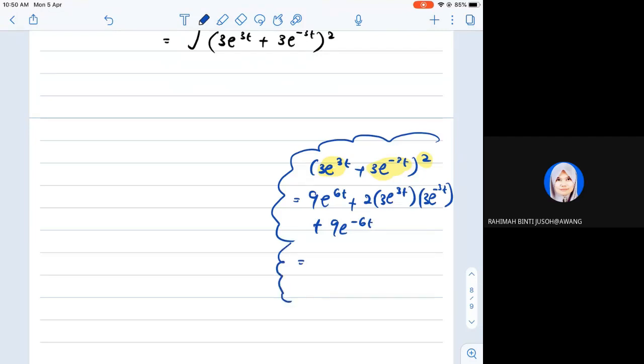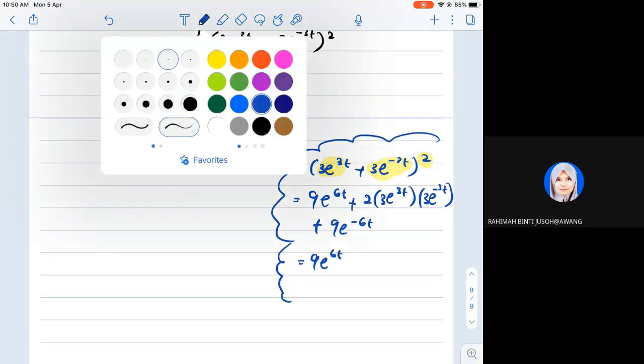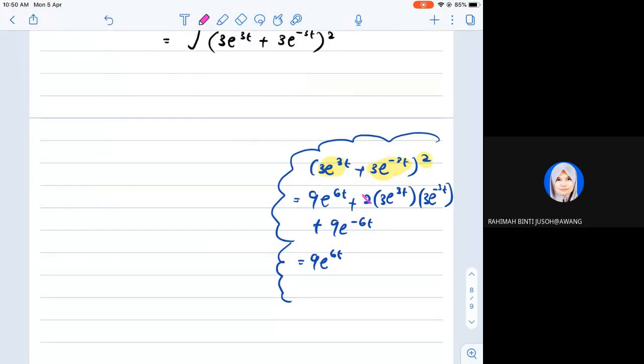So bila kita selesaikan 9 eksponen 6t. Okay, listen here carefully. Ni 2 times 3 times 3. 2 kali 3 kali 3 dapat apa? 18. 18, yes, 18. And then exponent 3t minus 3t lah kan? Sebab dia darab ni. Yang ni. 3t bila you darab, dia jadi tolak lah sebab dia tolak kat situ.